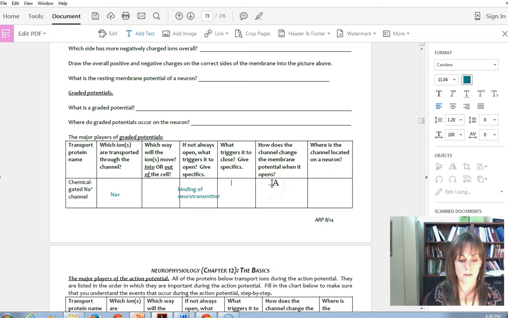Well, neurotransmitter stops binding. Those are going to be the answers to those questions on the chemical gated sodium channel.